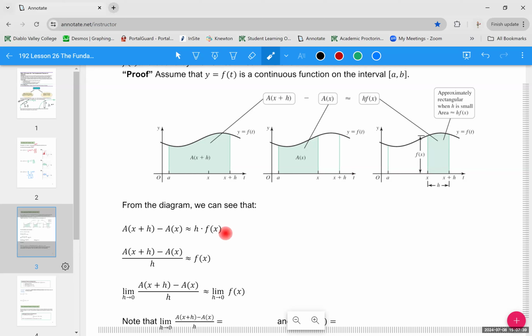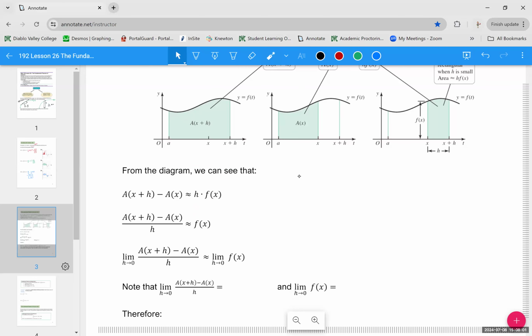So this is where we're outlining these pieces. The area so far function of x plus h minus area so far function of just x, which would be this minus this, gives us this region, which is approximately equal to h times f of x. Okay. So now if we can agree on that, then what we're going to do next is we're just going to divide by h.